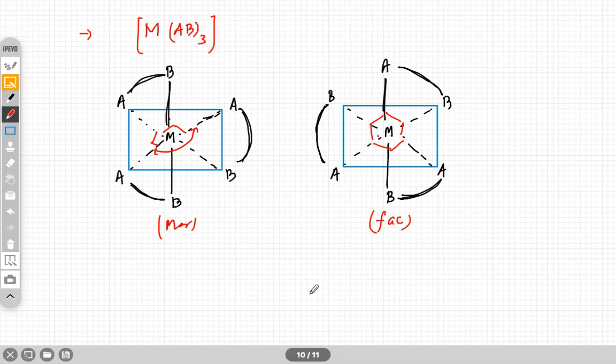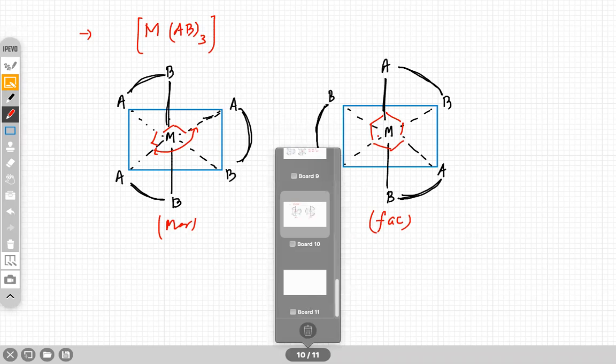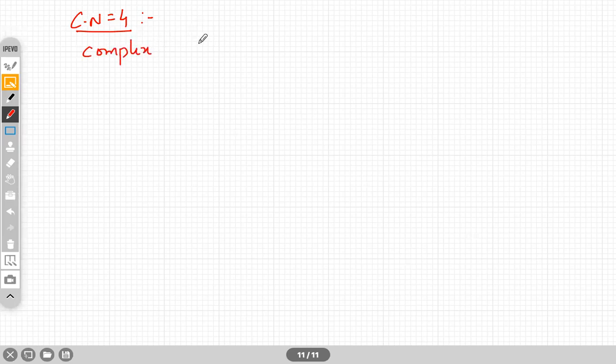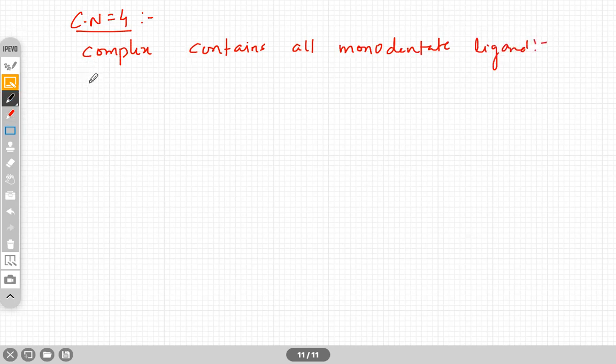Done, sir. Thank you. So next is write down coordination number 4. If you have a complex containing all monodentate ligands, for example, the first one is MA4 type.